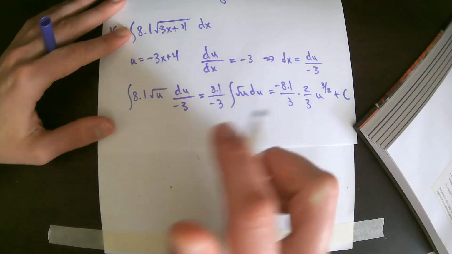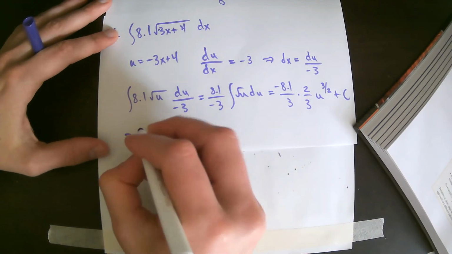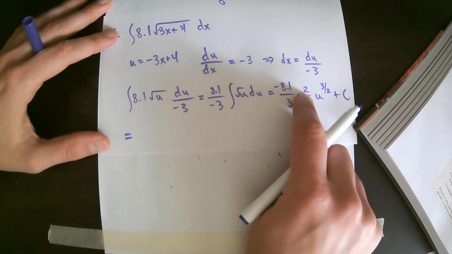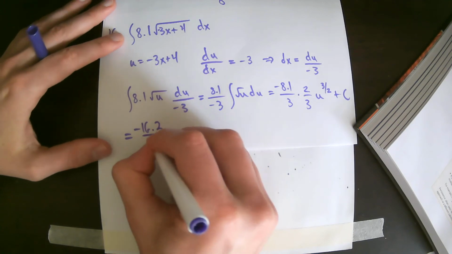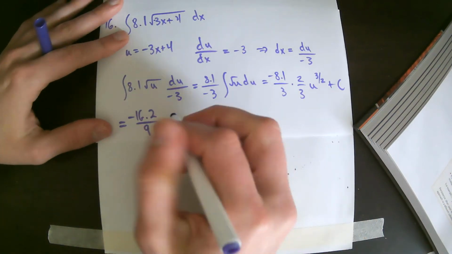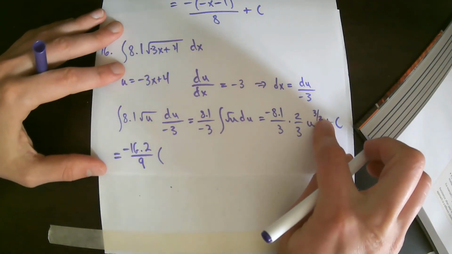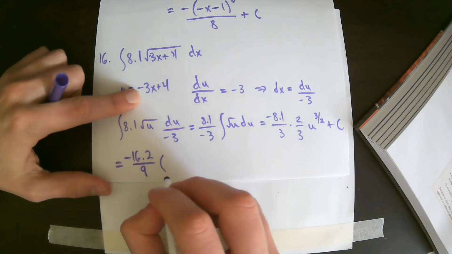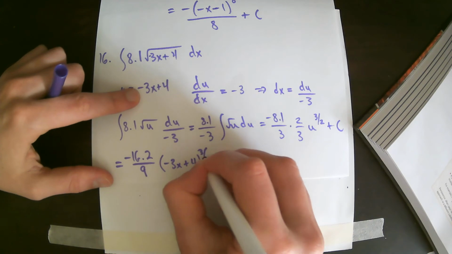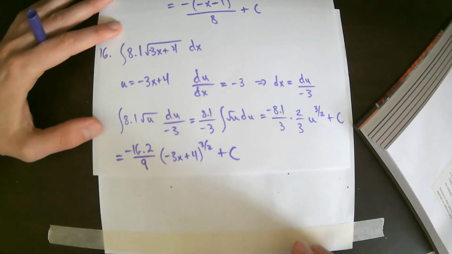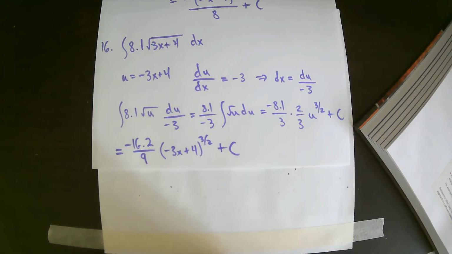And then we're getting this crazy answer, which is, what's 8.1 times 2? 16.2, so negative 16.2 over 9. 3 times 3 is 9. And then u to the 3/2, but u is negative 3x plus 4. So negative 3x plus 4 to the 3/2, and then plus c. That's a different one.